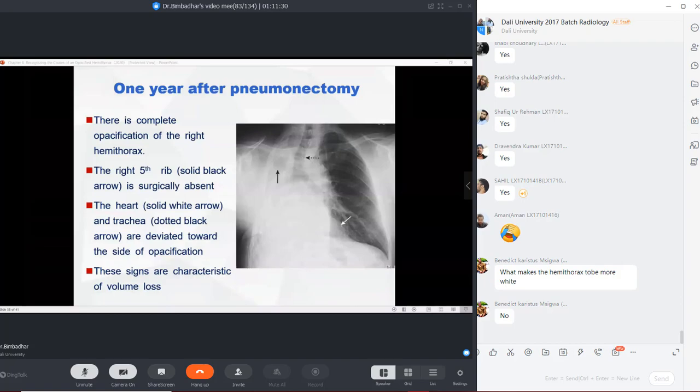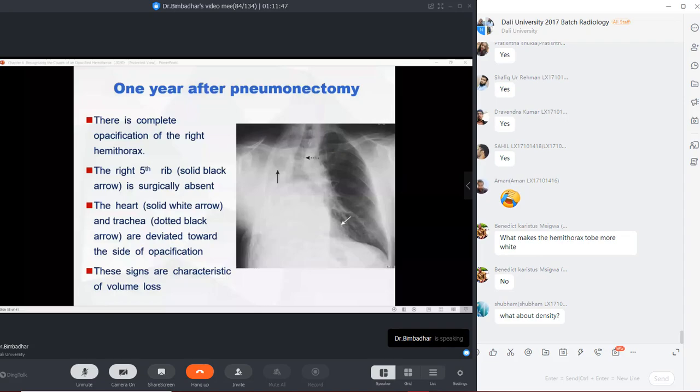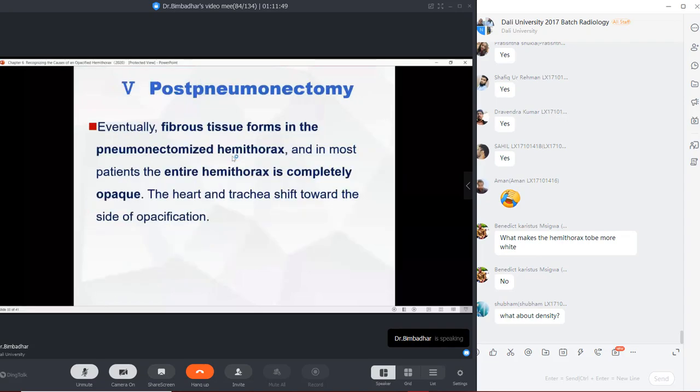Okay. See here, in a pneumonectomy patient, it gradually fills up with fluid, but don't ignore the fact of the pleural effusion here.